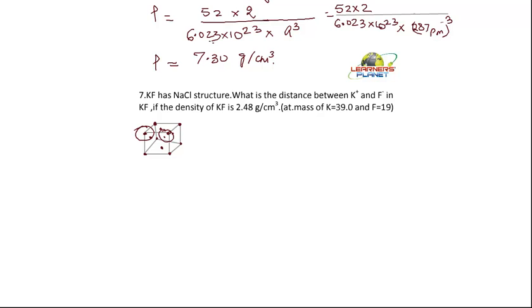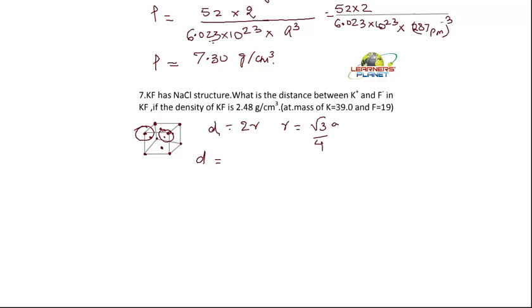So, what is the nearest neighbor distance in case of FCC? Here the nearest neighbor distance d is equal to 2r. Now what is r in FCC? r is equal to root 3 a by 4. Sorry, this is for BCC, right?